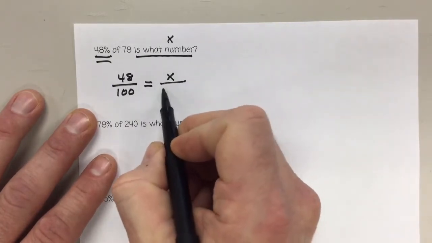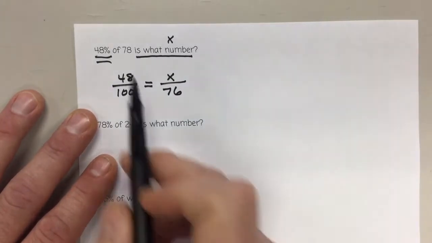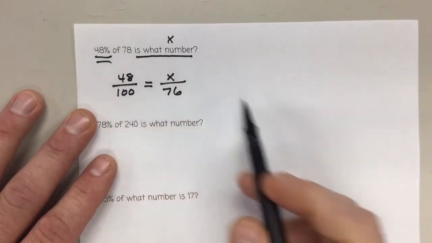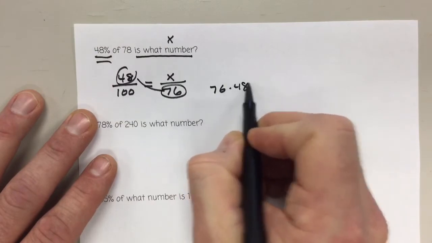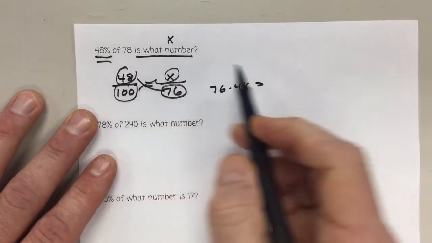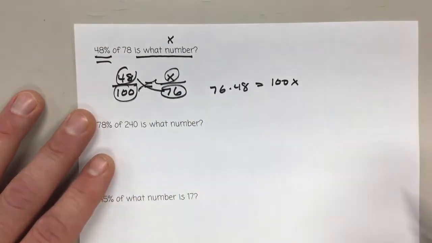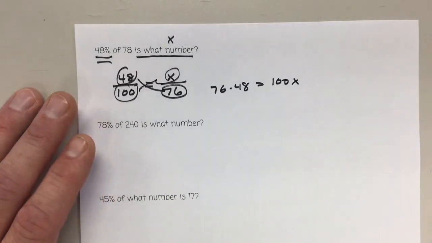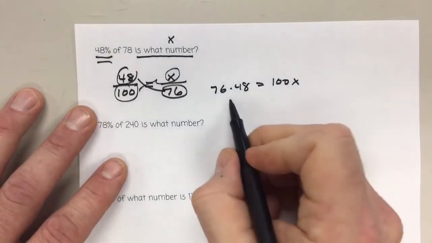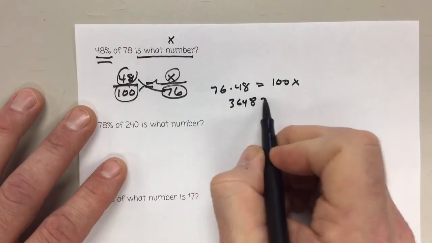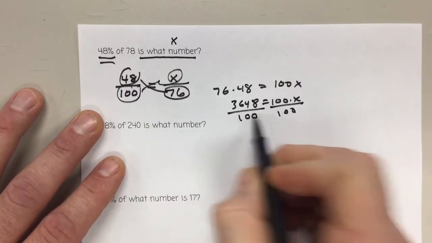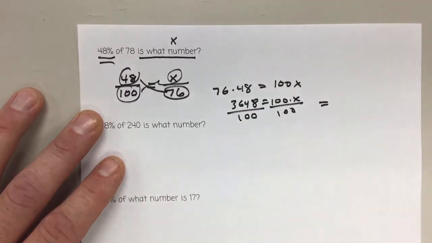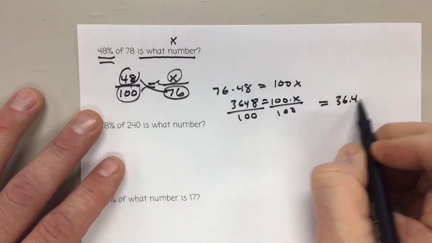So the "is" goes on top, the "of" goes on the bottom. And the "of" is 78 because it's next to the "of." So now I cross multiply. 78 times 48 equals 100 times x. So 78 times 48 is 3,648. And then I divide both sides by 100. And my answer is 36.48.